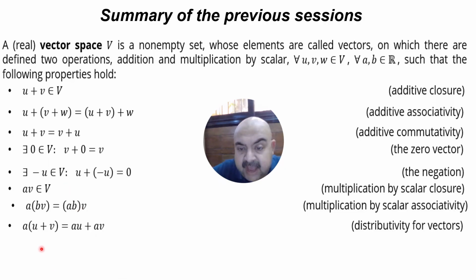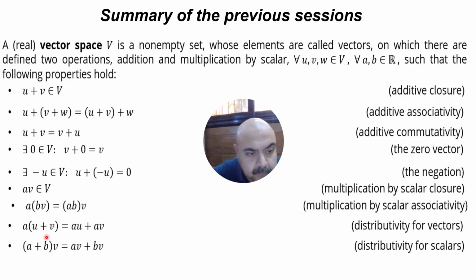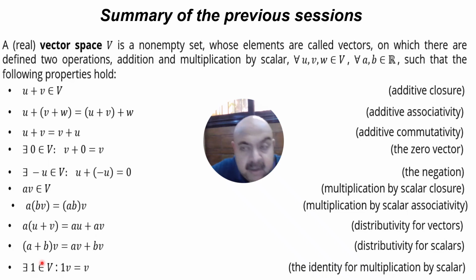Also, we have the distributivity of a constant over u and v, and also the distribution of the sum of scalars over a certain vector. So if I have (a plus b) times v, it equals a times v plus b times v. Then the existence of the identity of multiplication of a vector: 1 times v is equal to v, as you can see.